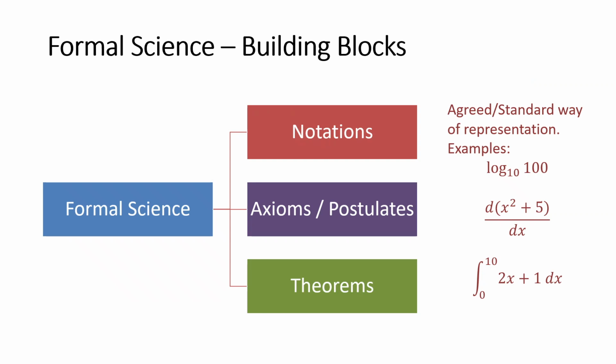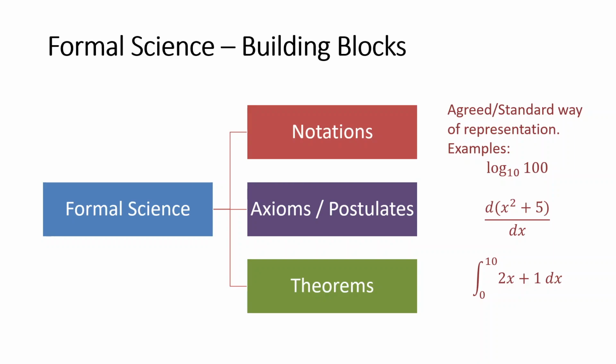So formal science is built upon three building blocks: the formal notations, axioms or postulates, and the theorems. We need formal notations to represent the knowledge in a very compact manner.